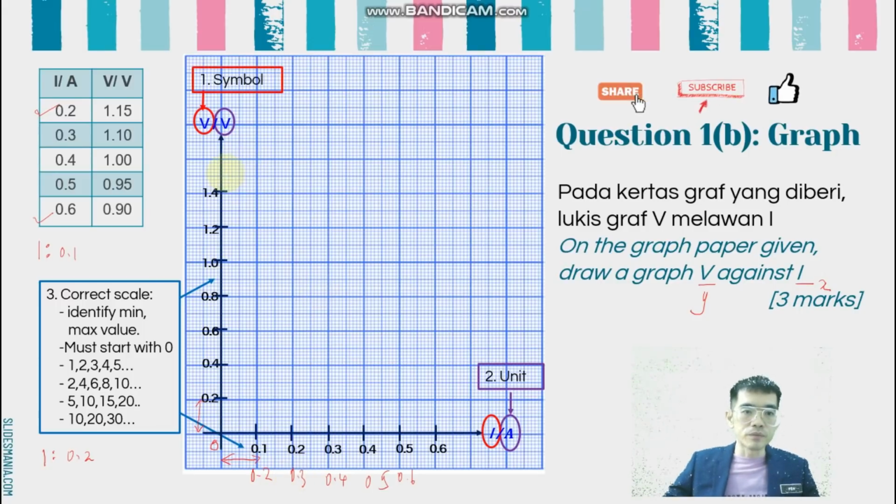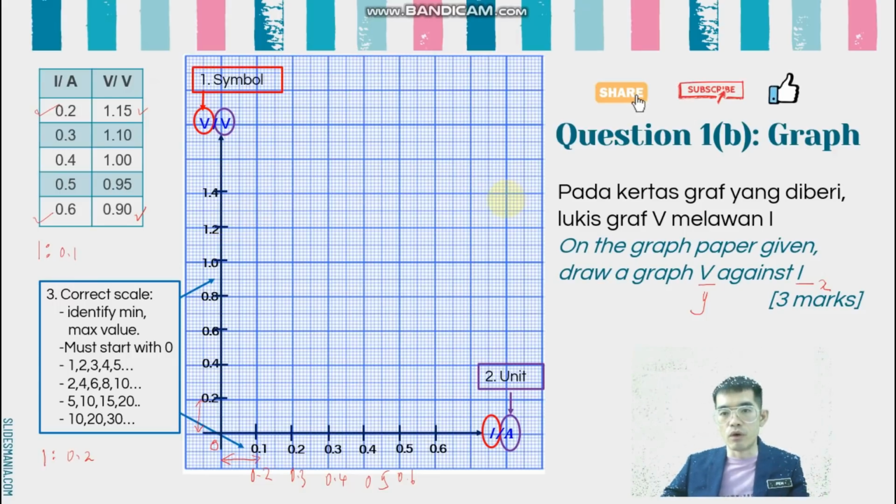The y-axis also must cover the minimum value, which is 0.9, and the maximum value here is 1.15. So this is the third tip for plotting the graph. The fourth tip here, you must give the size of the graph at least 4 times 5 units, or 8 cm times 10 cm, because we know that 1 unit here represents 2 cm.